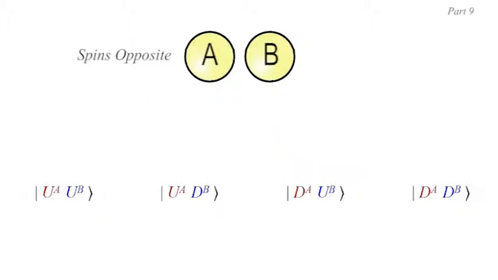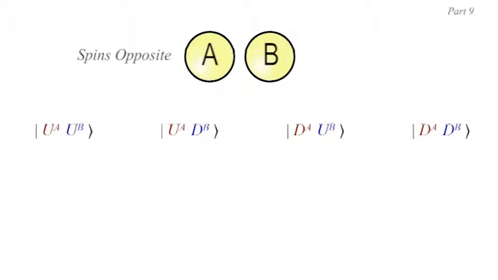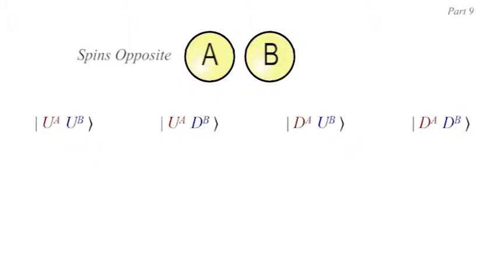Well, in a similar way to the 0 component of the triplet state, it would seem that this singlet state must involve equal amounts of what we might call upness and downness, which in that way would imply a permanent 0 measurement. We can't say that A is definitely up and B is definitely down, or that B is up and A is down, so it's not just either one of these basis states on its own.